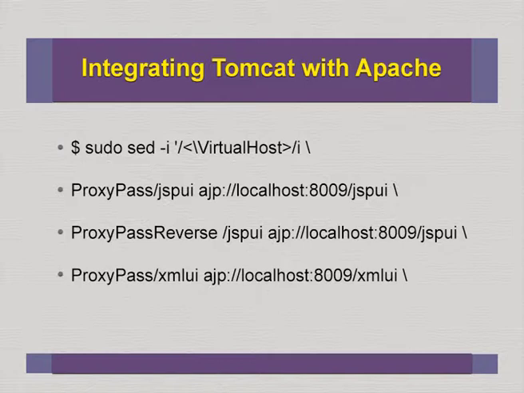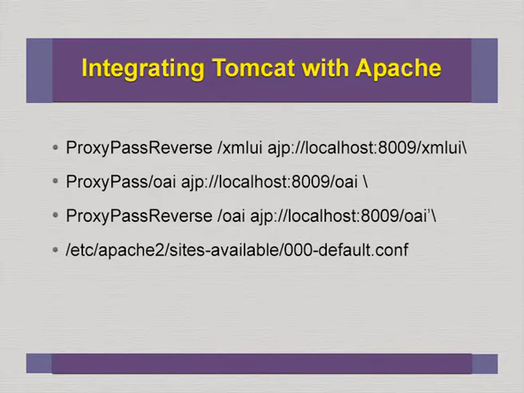This particular command adds ProxyPass and ProxyPassReverse for JSPUI, similarly XMLUI and all the rest of the interfaces if you want, like OAI and other things. Solr need not be given because anyhow you have to run it on the local machine. So, if you use ProxyPass, then you can avoid 8080.